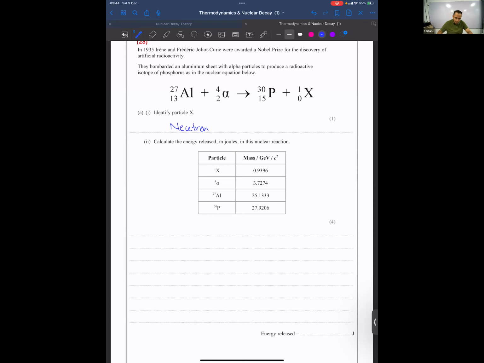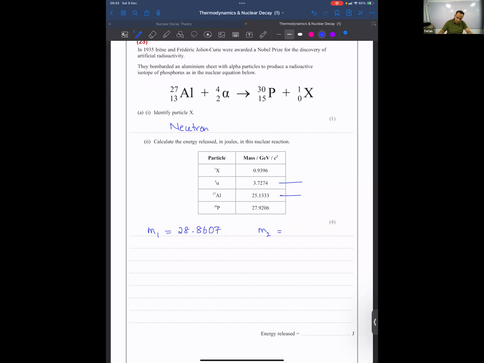So guys, the mass before the decay is this alpha particle and this aluminium. Addition of those two: 3.7274 plus 25.1333, which is 28.8607.